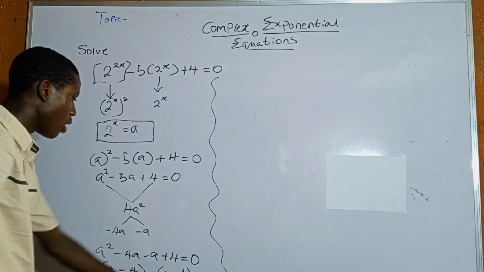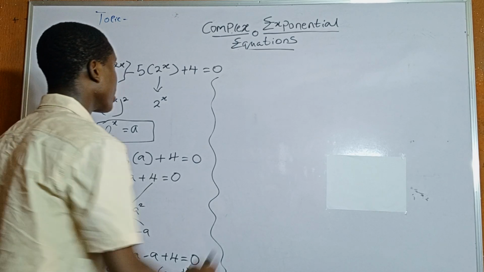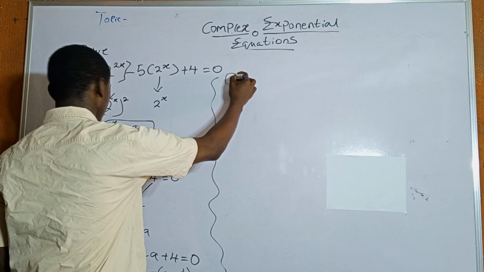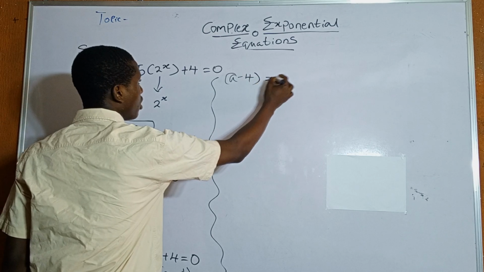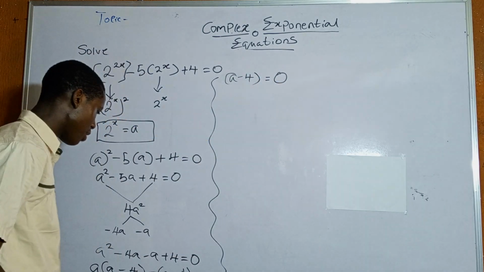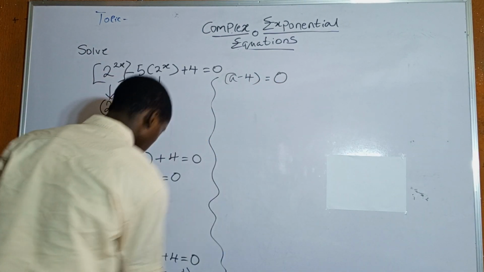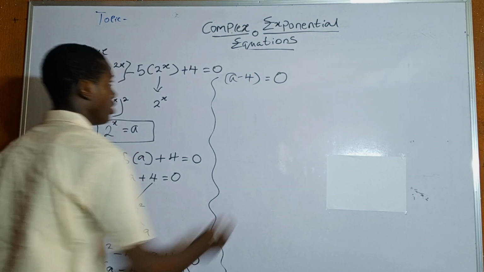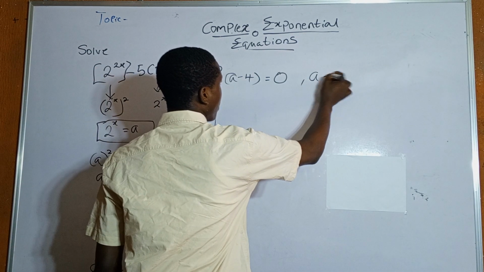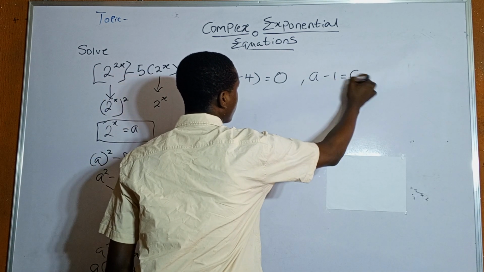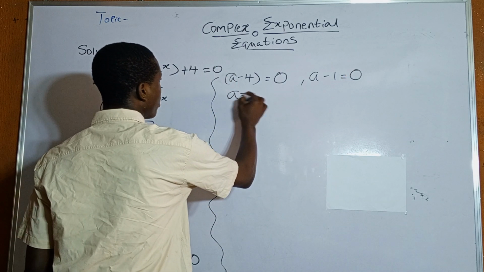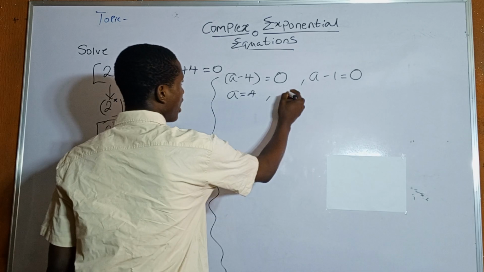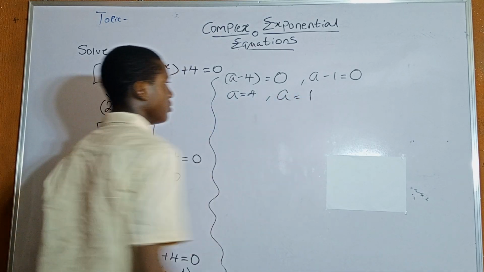We have two common things, so we'll bring them into one place, which will be a minus 4 equal to 0, and the other one, now you can have 1 here, so make it a minus 1 equals to 0. Now when we solve for this, we have a equals to 4 and a equals to 1.